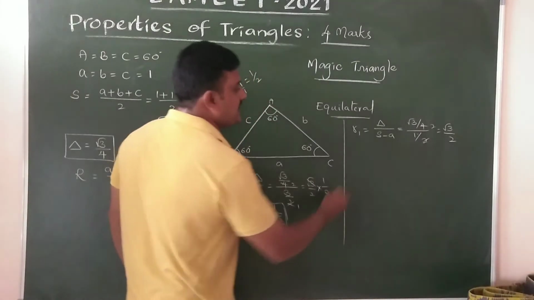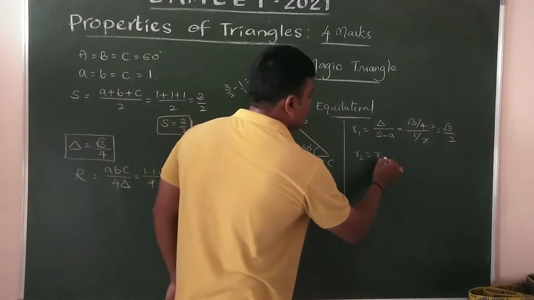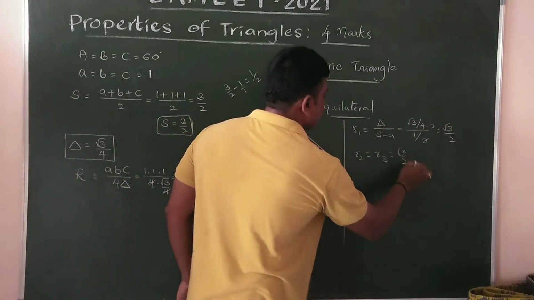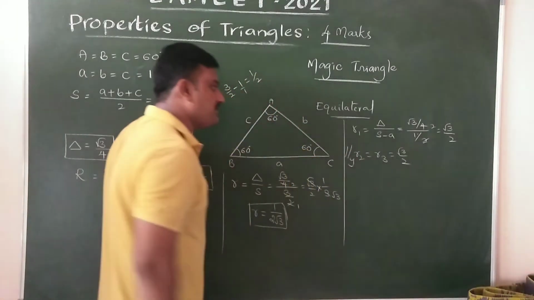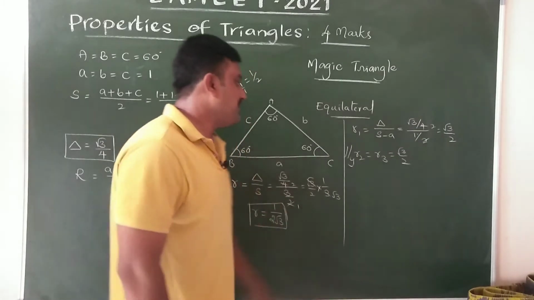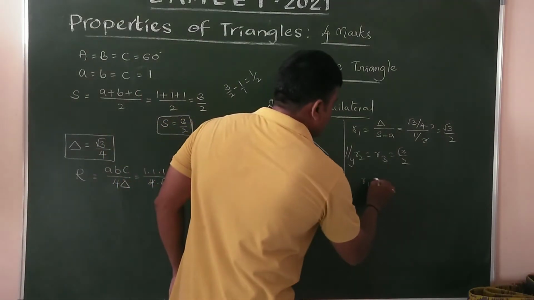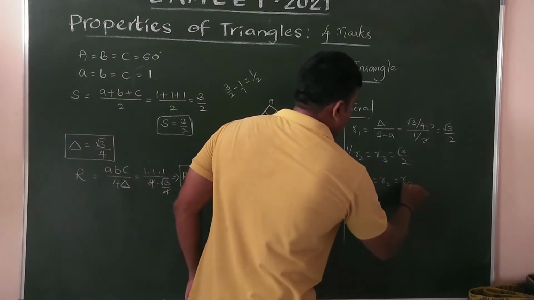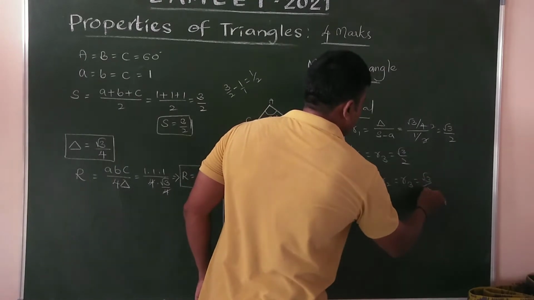Similarly R2, R3 also are root 3 by 2, because s minus b is also 1 by 2 and s minus c is also 1 by 2. Then R1 equals R2 equals R3 equals root 3 by 2.